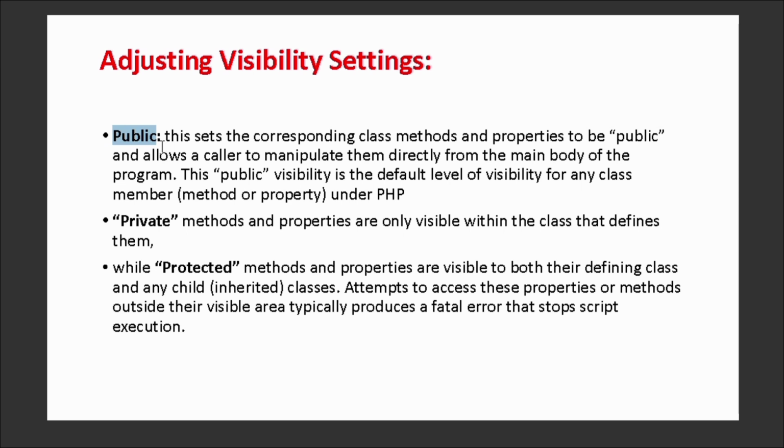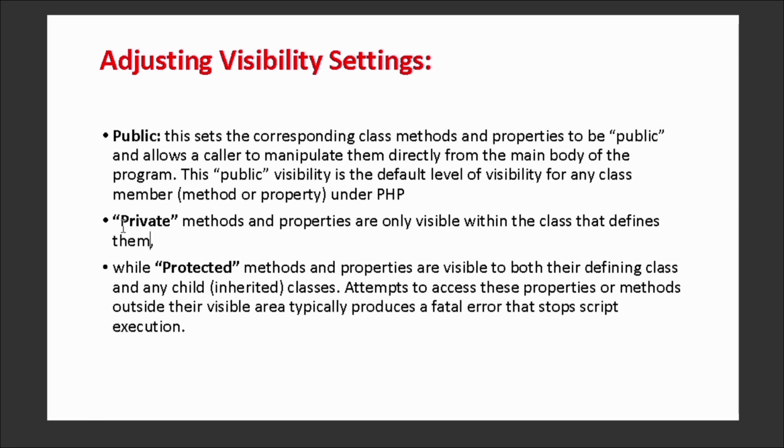First, public: this sets the corresponding class methods and properties to be public and allows a caller to manipulate them directly from the main body of the program. This public visibility is the default level of visibility for any class members, method or property under PHP. Means using the public level, it is accessible from anywhere inside or outside the class.